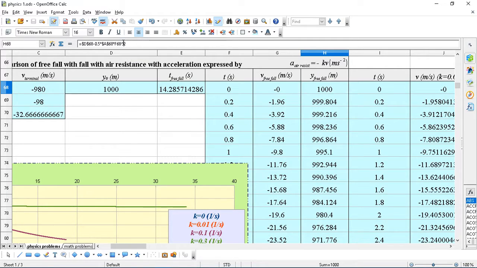So this is the way you can write the squared, either as the circumflex 2 or double asterisk 2.